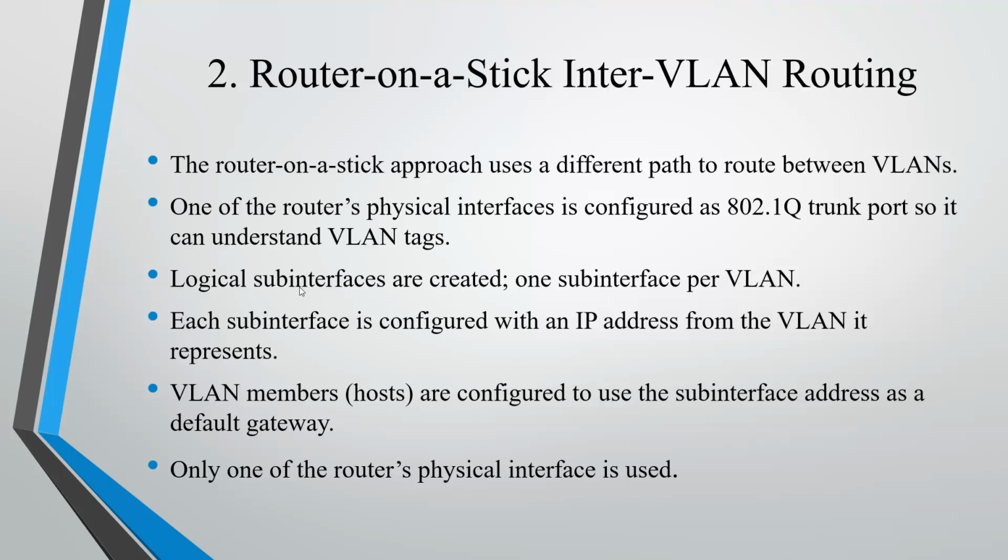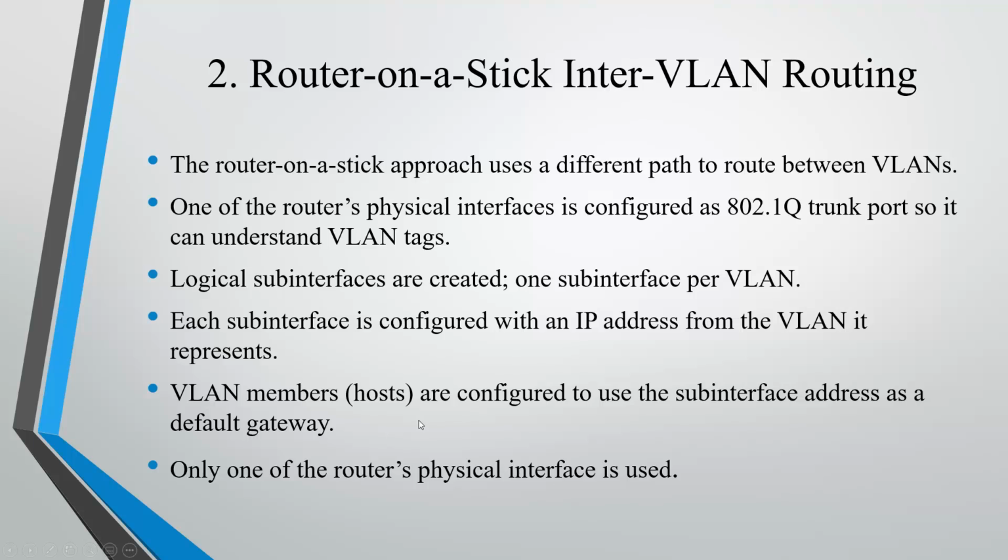Each sub interface is configured with an IP address from the VLAN it represents. For every sub interface we have to configure an IP address. The group of VLAN members is going to have this sub interface as their gateway.